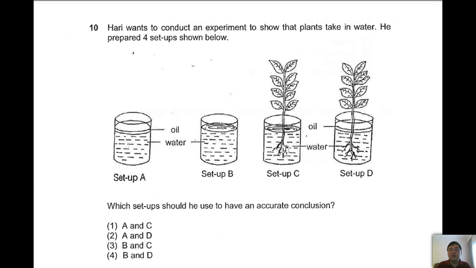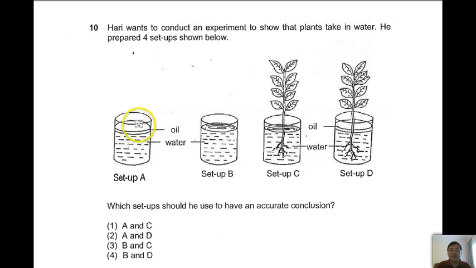Okay, so very obviously, to show that a plant absorbs water, we will have set up A and set up D, to compare one without the plant, but the oil level and the amount of oil, of course, the amount of water in the container must be the same, right, as this over here.